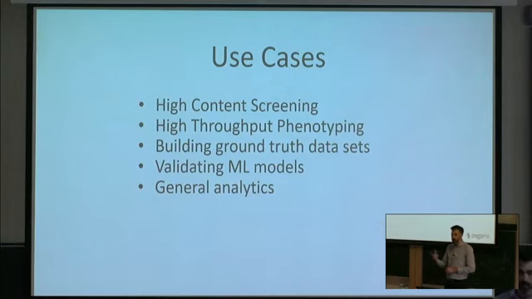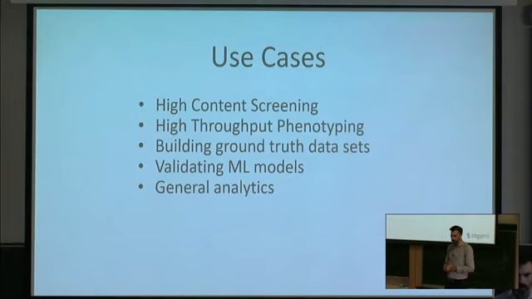Some of the other things I'm going to get to towards the end today is how you can use Zegami as a way to build large ground truth data sets, especially if you're doing any kind of deep learning. That's a really time consuming and expensive thing to do, and we think Zegami makes that a huge amount easier than existing tools.